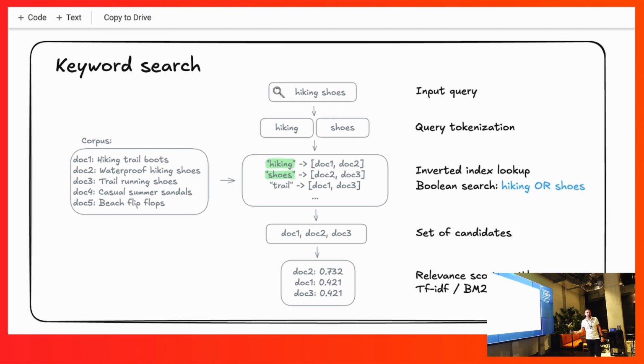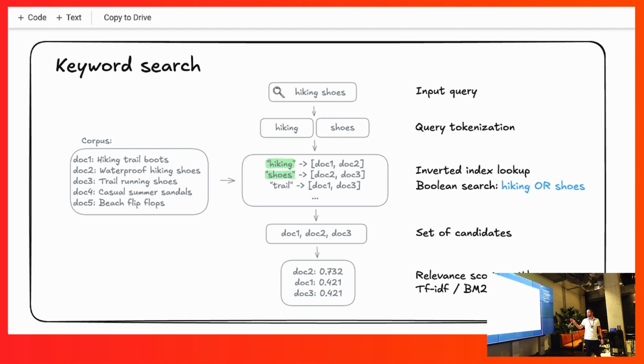So when we have a query, we need to execute the query, and in this case we have the hiking shoes query, and the first step is query tokenization. So first we tokenize the query, and we have two tokens, hiking and shoes, and in this step we can do query processing like stop words removal, stemming, lemmatization, part of speech tagging or something like that, but for simplicity I left it as is.